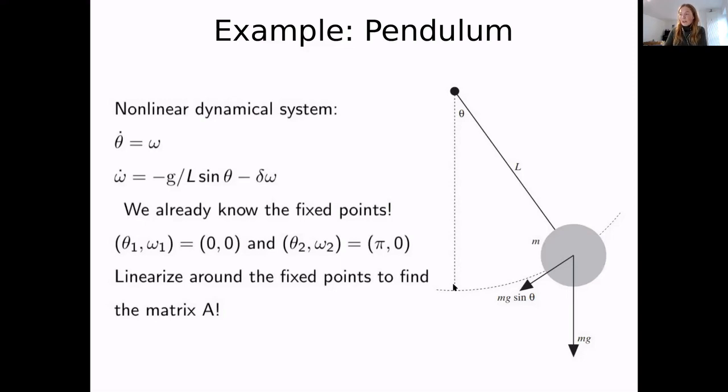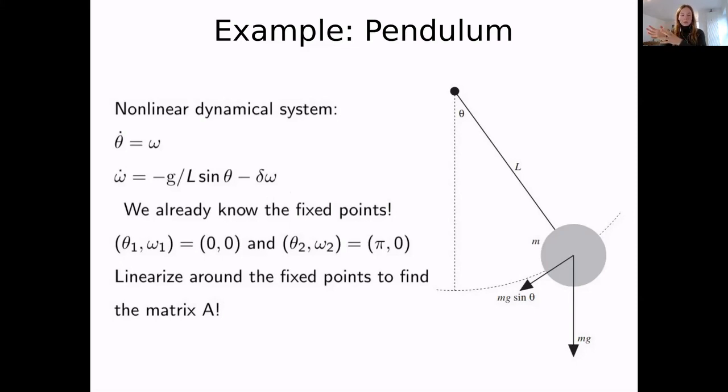And because it's more fun, we also add some friction to our acceleration, and in physics, friction always depends on the velocity. So this is why we have delta times omega. And now I do not write x and v for position and velocity because we have this angular rotation.